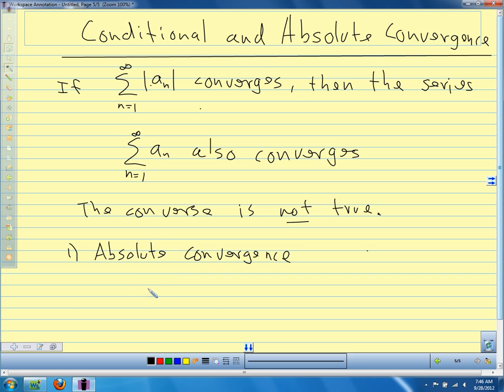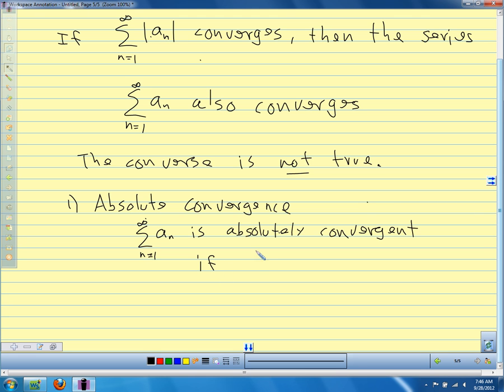We say that a series, the sum n equals 1 to infinity of a sub n, where a sub n can have positive and negative terms, is absolutely convergent if the sum n equals 1 to infinity of the absolute value of a sub n converges.